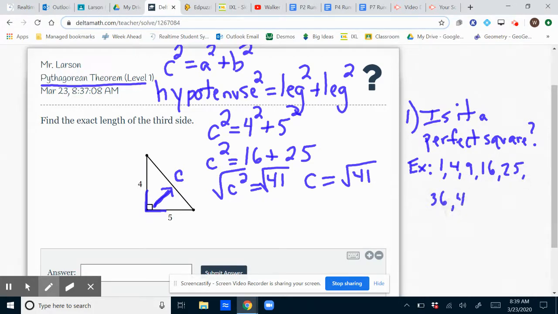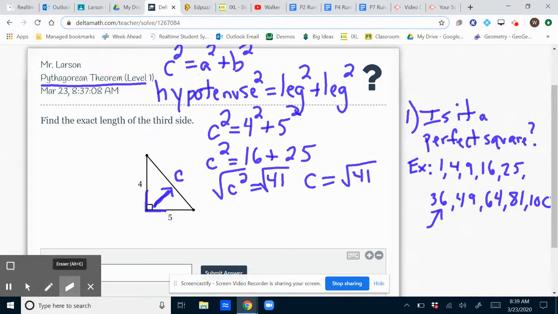Hopefully you guys can make this list on your own. If your number under your square root is any of these numbers, then your answer should be a whole number. For example, if you had radical 36, your answer would just be the whole number 6, no square root. But 41 is not one of these numbers.